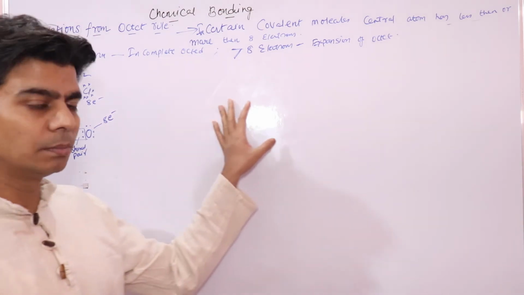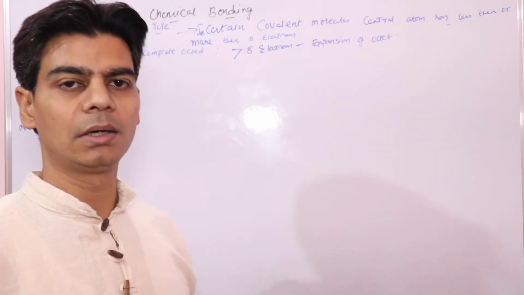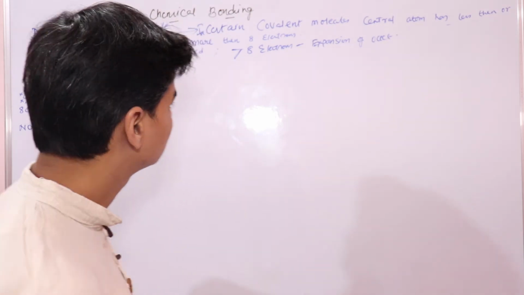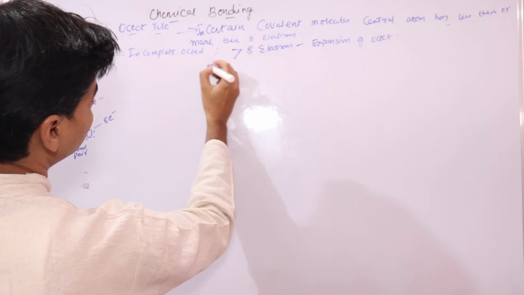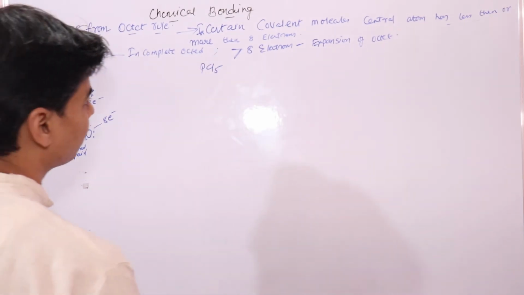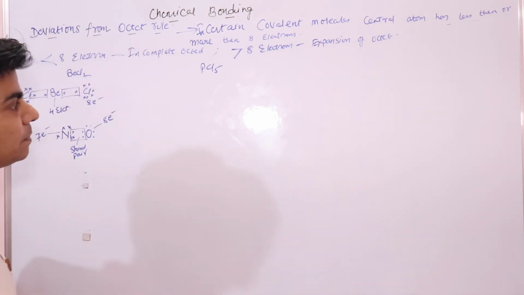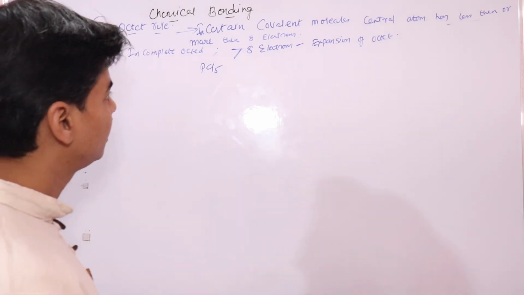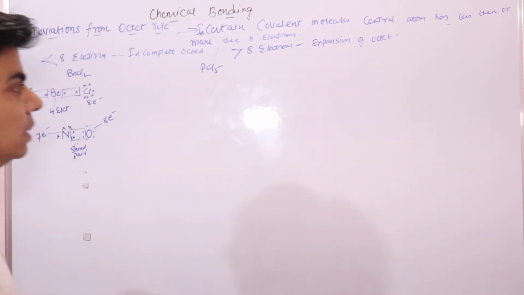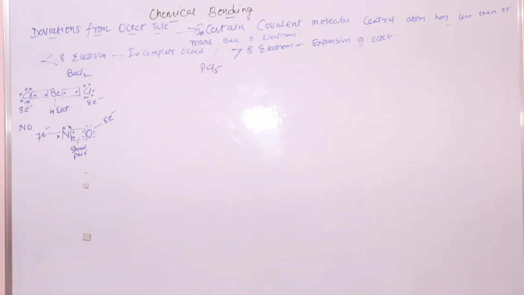Now let's look into some molecules that have expanded octets, that is, molecules that have more than 8 electrons. The first example we will take is PCl5, phosphorus pentachloride. Phosphorus has 5 electrons in the outermost shell.